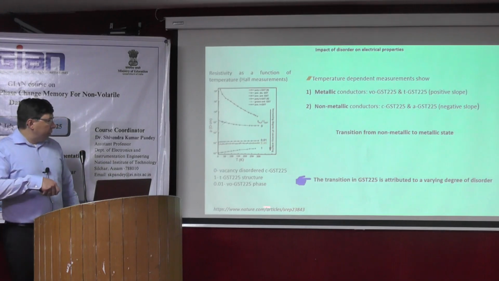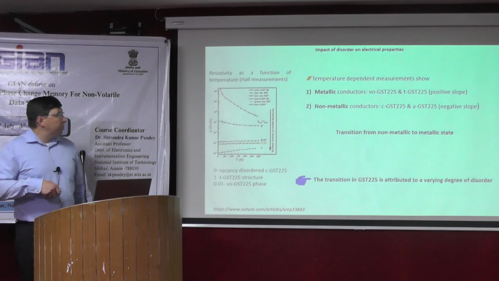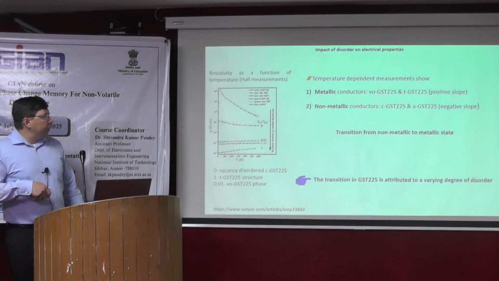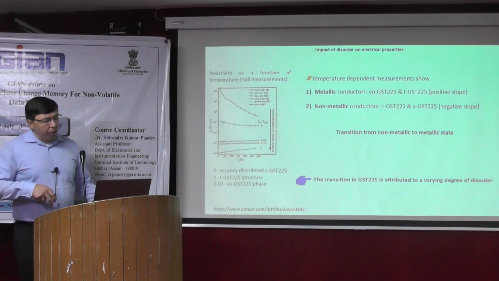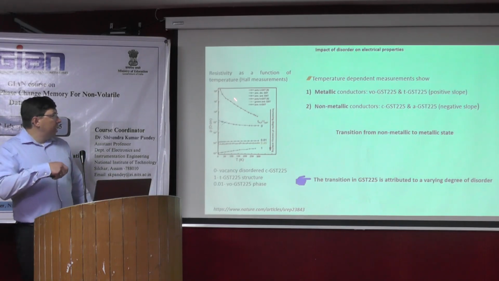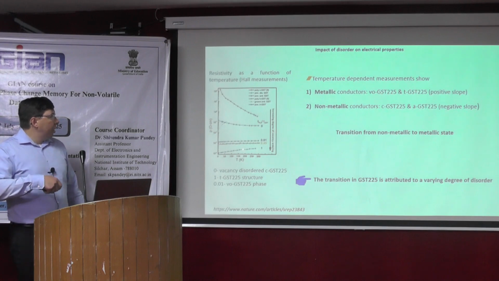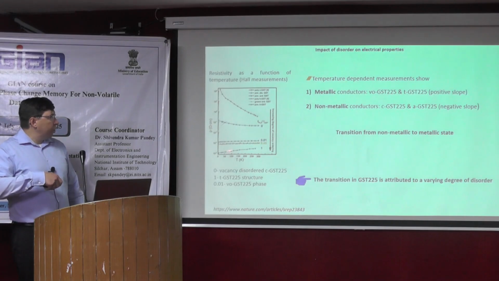Now let us look at how phase change materials behave. There are several reports on the transport mechanism in phase change materials, but this is one paper based on epitaxial thin films. They produced different states of the material, starting from the amorphous state, then the cubic phase, the vacancy ordered phase and the trigonal phase.